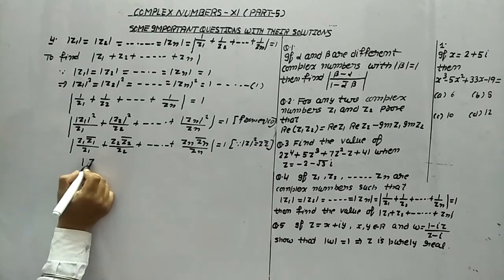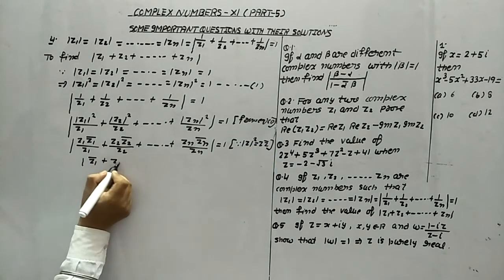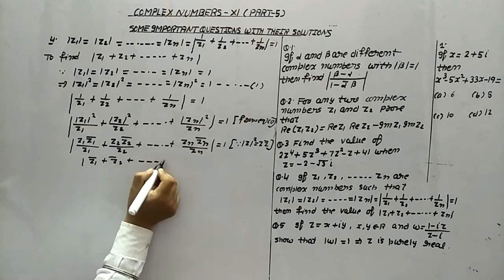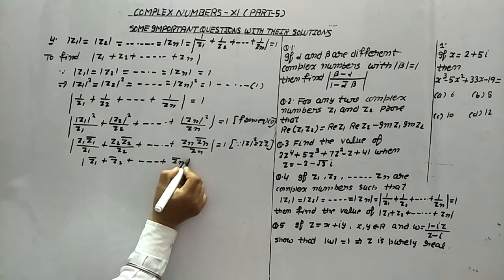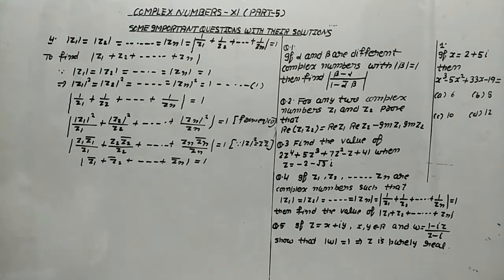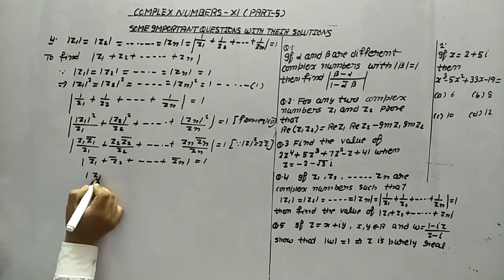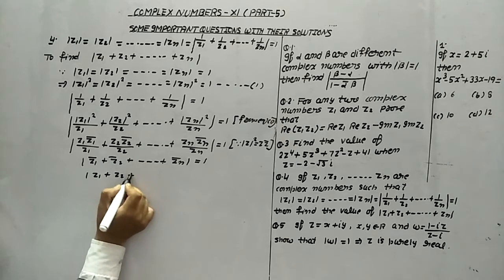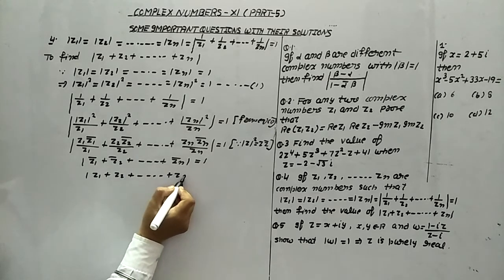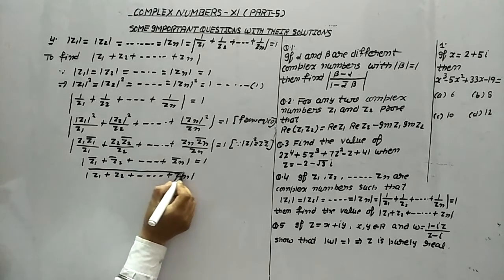Now this becomes z1 bar plus z2 bar plus and so on plus zn bar is equal to 1. It means this becomes (z1 plus z2 plus and so on plus zn) whole bar is equal to 1.